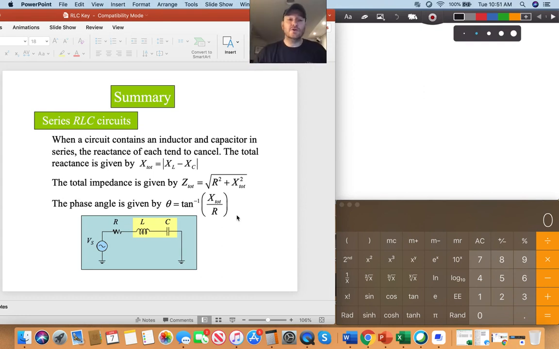Now, the first thing we have to understand is that our X_C and our X_L are still calculated the exact same way with the formulas that we've been using.